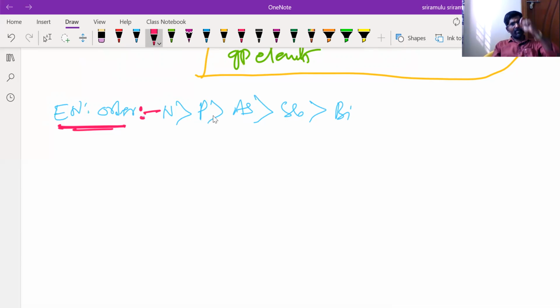Phosphorus has greater electronegativity than arsenic.